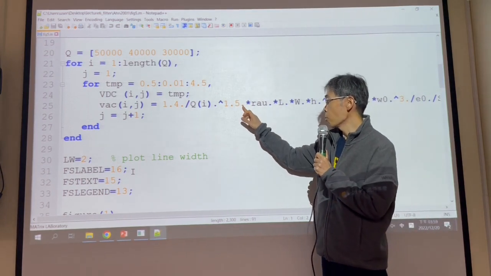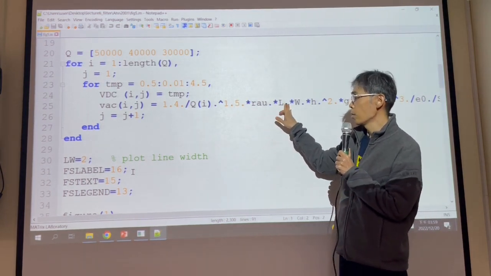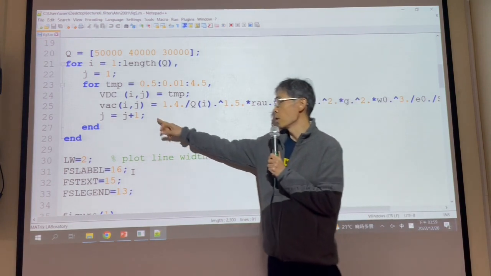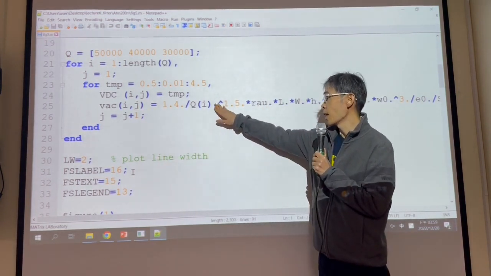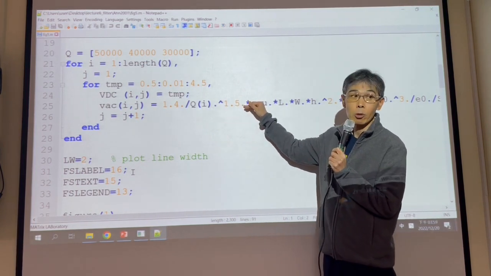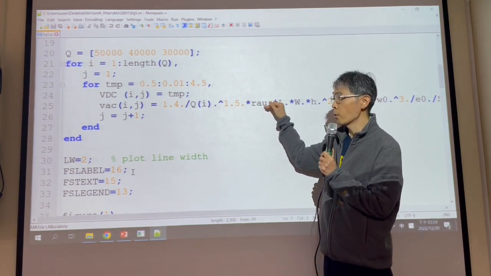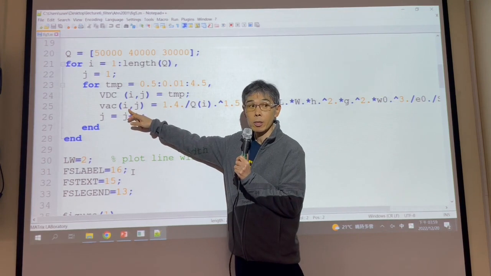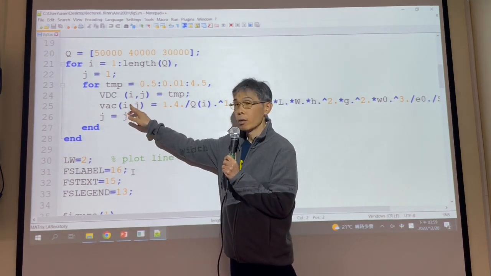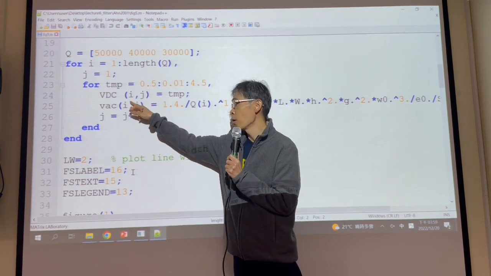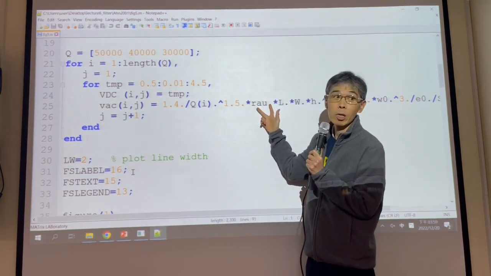Remember to use dot. If you don't use dot, it means vector or matrix operation, because this is an element, not a vector. Matrix operation should give you a matrix. If you don't use a matrix, this is a component, one element. So element should equal element.